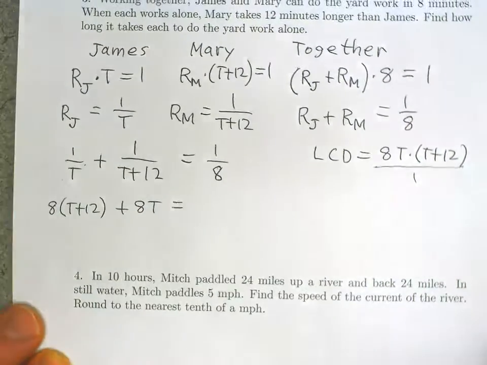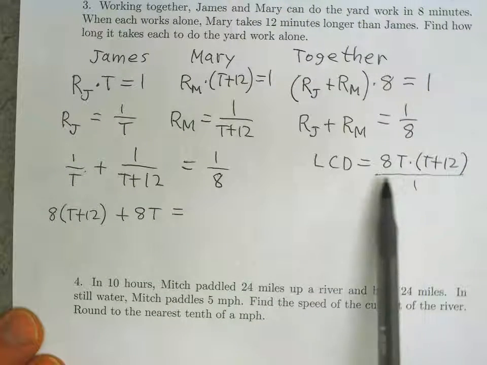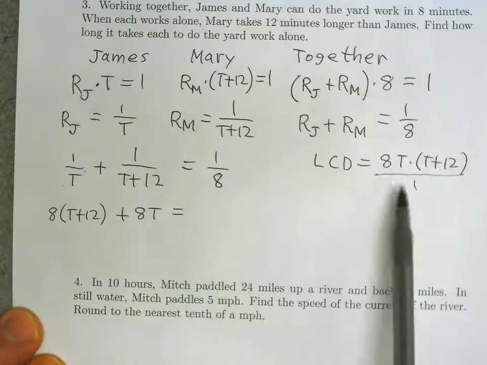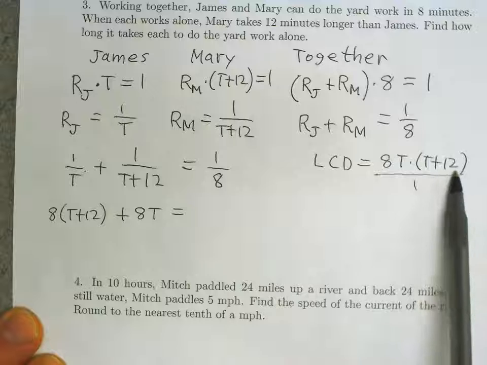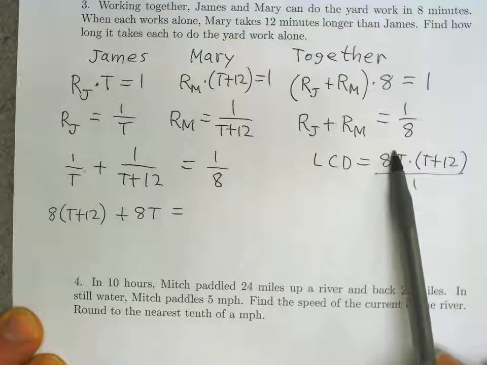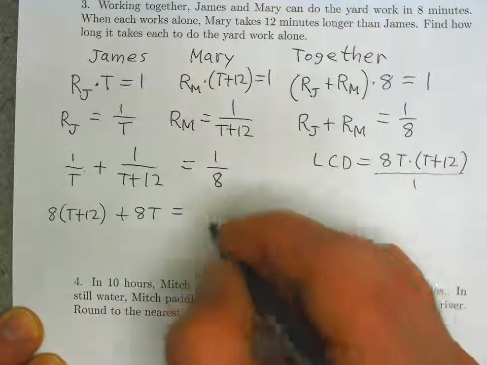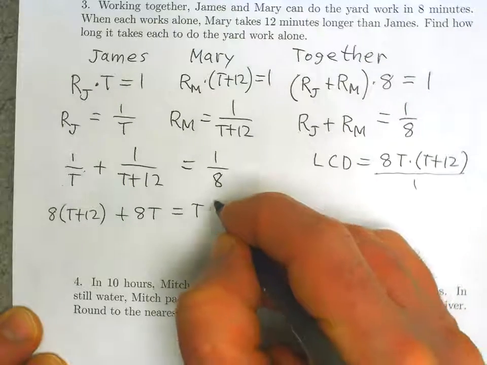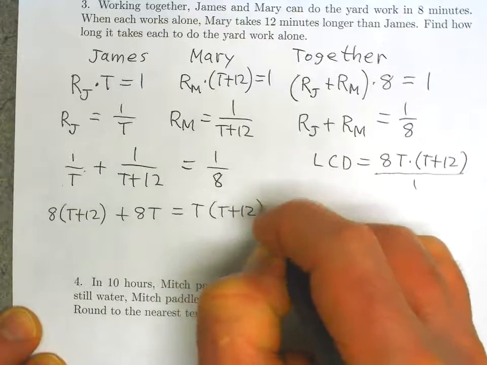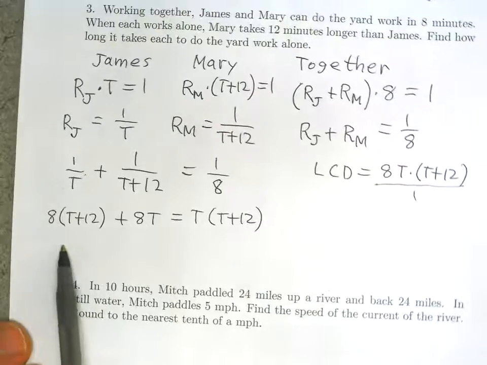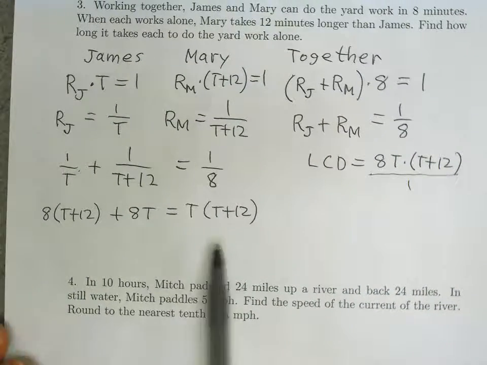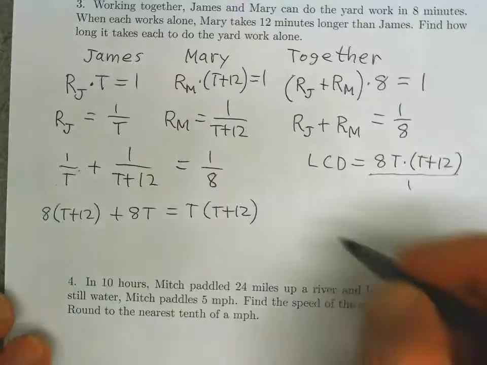And then on the right-hand side, 1/8 times 8T times T plus 12. This time, 8 divided by 8 cancels, and we're just left with T times T plus 12. This equation is just a quadratic equation in the variable T.